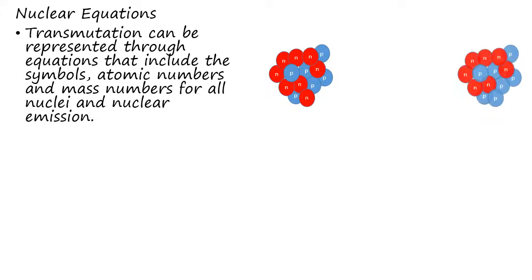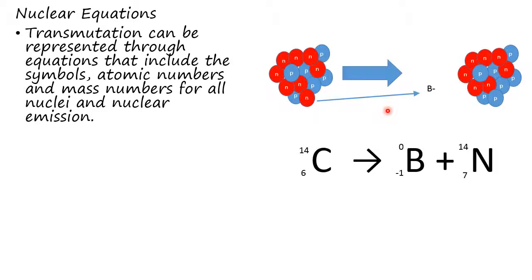So looking at a nuclear emission, here we're looking at, again, carbon-14 losing a beta particle and becoming nitrogen-14. And so the atomic number is increasing by 1 and the mass number is staying the same.